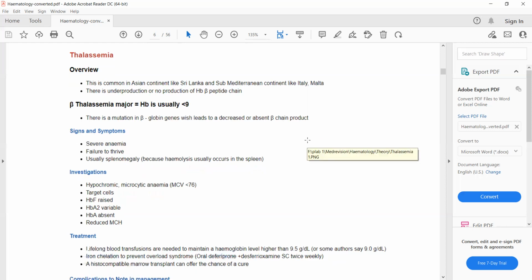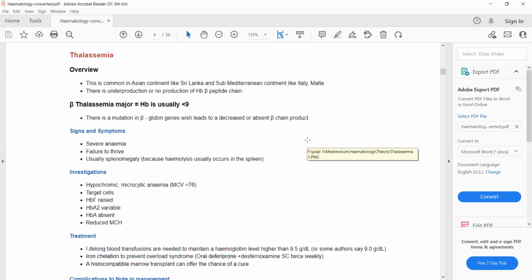So because of defective beta globin chains, what happens? Why does anemia occur in thalassemia? Because the RBCs that contain these abnormal beta globin chains are hemolyzed in the reticuloendothelial system of the spleen, liver, and bone marrow.